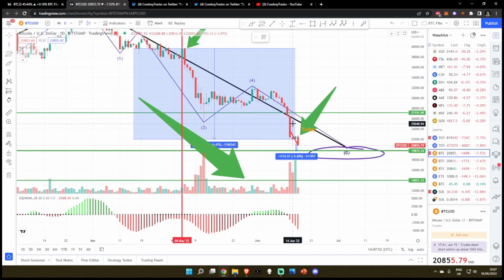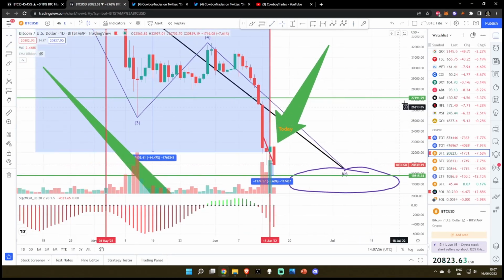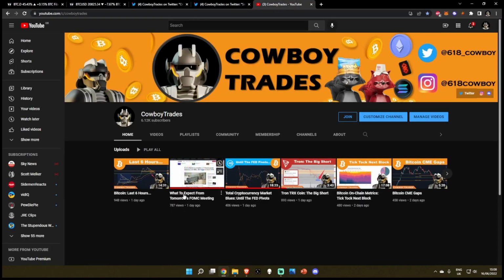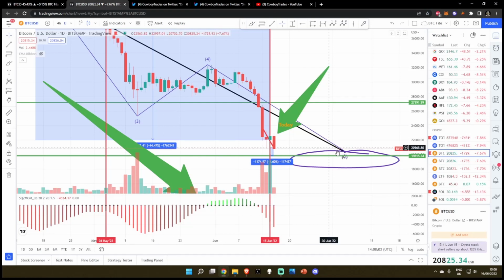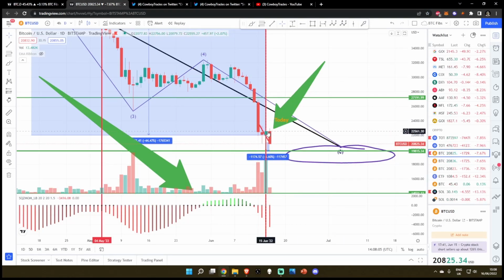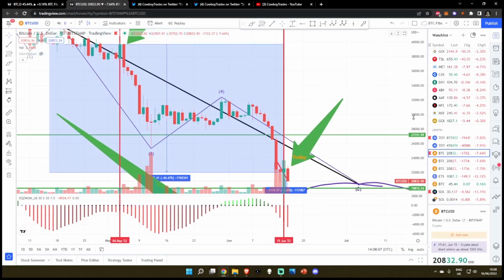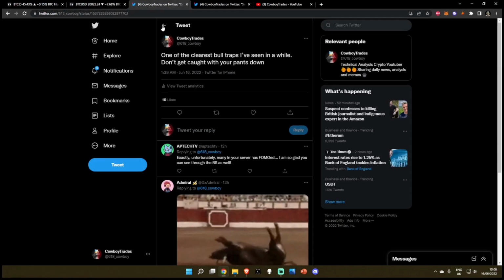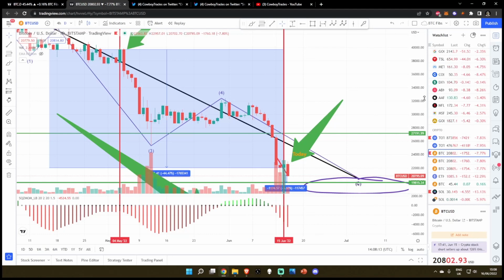So what happened yesterday? Like I said, a lot of people got out of bed for this bounce. We had the FOMC results. We increased by 75 basis points, which was basically exactly what we predicted in the FOMC update. And we pumped into the price just like we did before. This is when I said this is a super obvious bull trap. I wasn't active on my YouTube yesterday because I was busy.